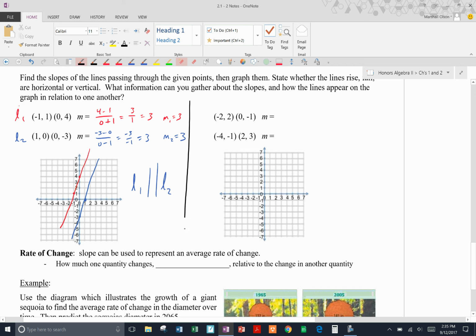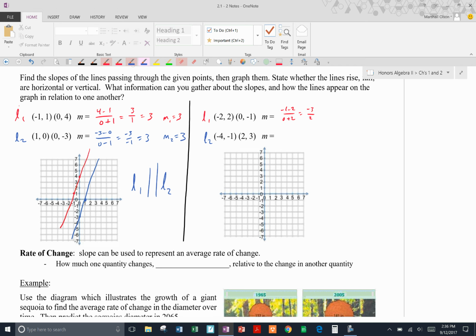I'm just going to try to separate this a little bit. Next two lines, I'm going to again call them line 1 and line 2. I'm going to find the slopes of each. Slope of the first line is going to be -3 over 2, -3/2.